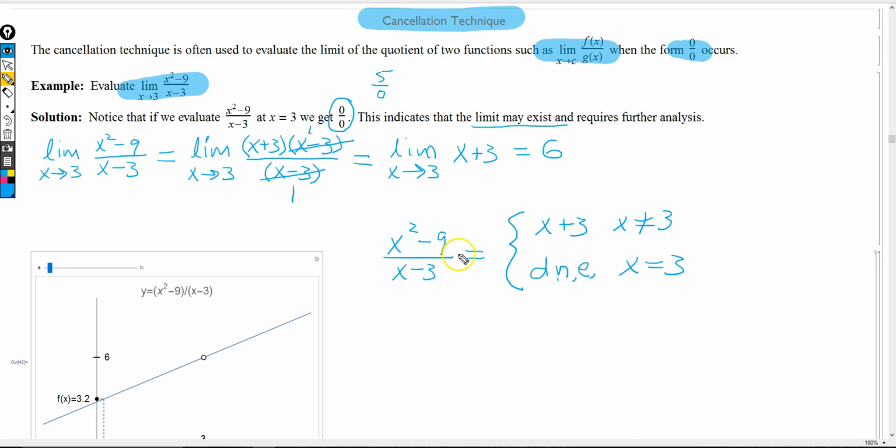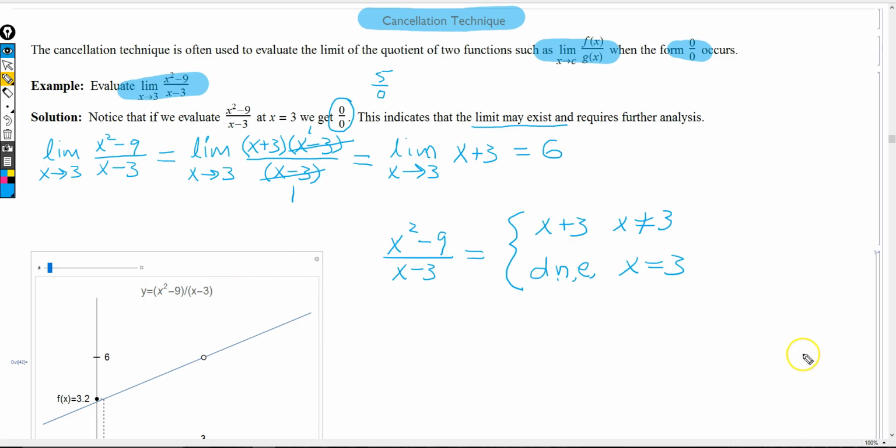So you see, this function is exactly equal to x plus 3 everywhere except when x is 3. Because over here we can't technically put 3 into this function. We get 0 over 0, which is an undefined quantity. But here we can plug 3 in and we get 6. Alright, so that's why we ended up with this limit being 6, because this function is really exactly like x plus 3 everywhere except exactly at the c value, which is 3 in this case.